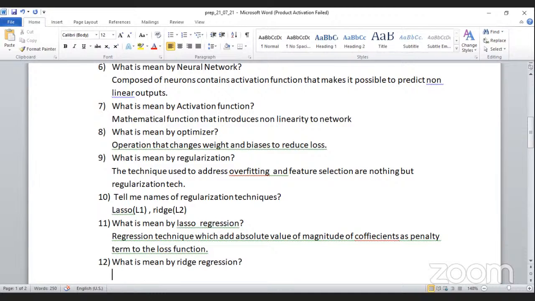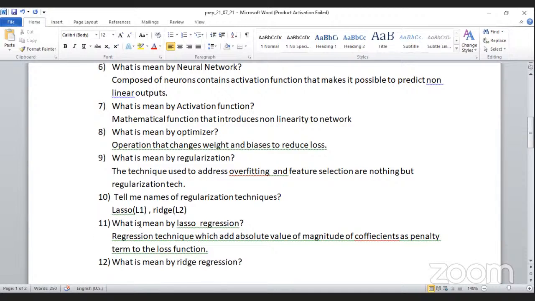It is a model tuning method used to analyze data suffering from multicollinearity. It minimizes the sum of squared residuals. Yeah, this is a regression technique, so that is right. It is robust to outliers.